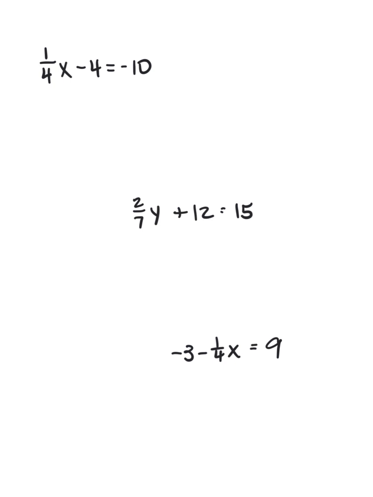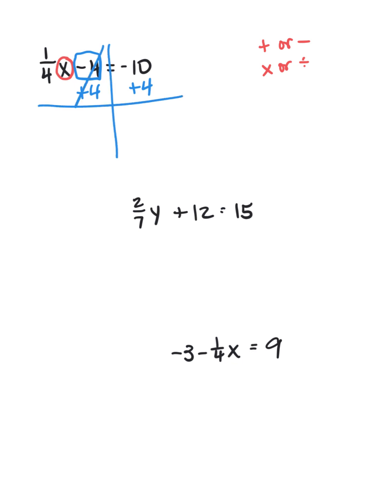All right, big surprise, we got to find the variable. First, we're looking to see if anything is being added or subtracted, so we'll undo that first, and then we look to see if anything is being multiplied or divided. So here, I see we have -4. We need to do the opposite to both sides of the equal sign. That cancels out. You're left with 1/4 x is equal to -6. Yep, be careful with those negatives in your operations.